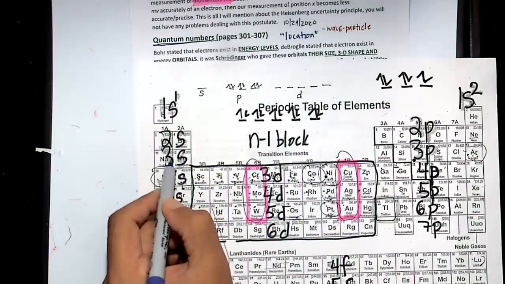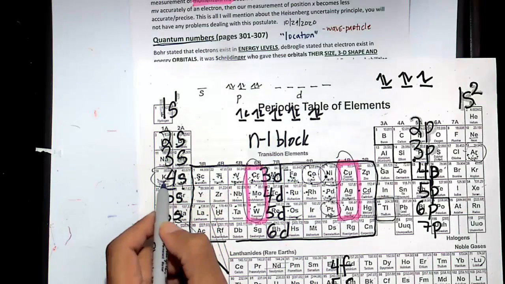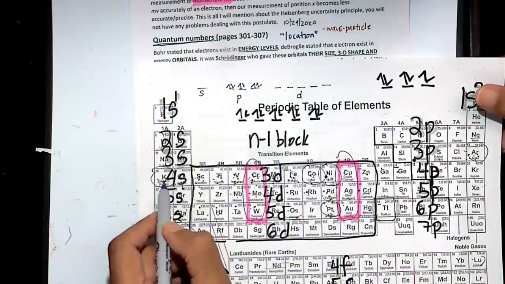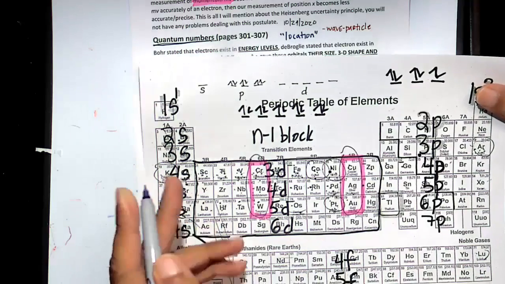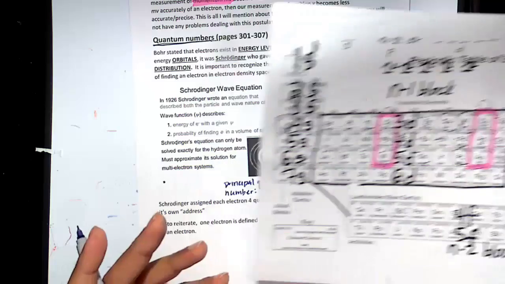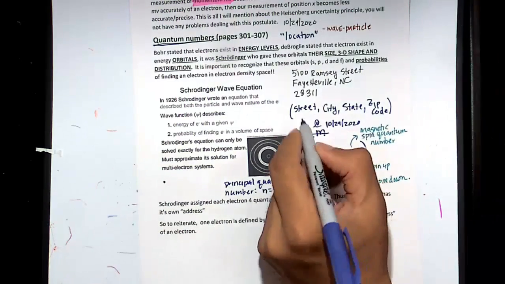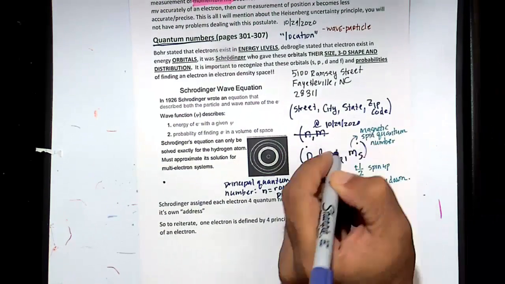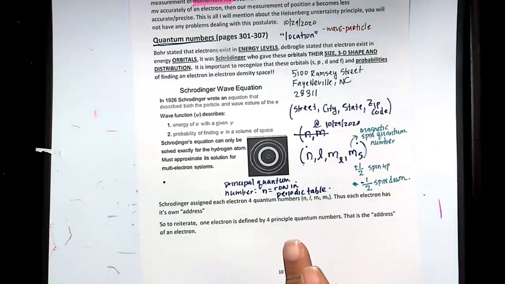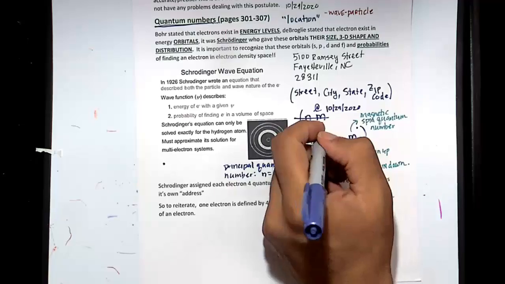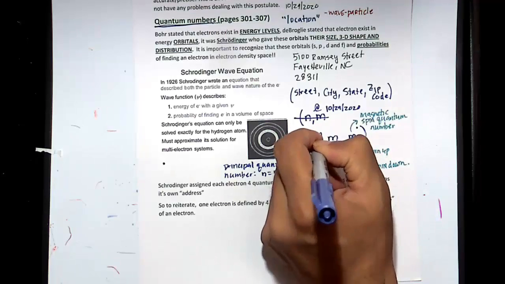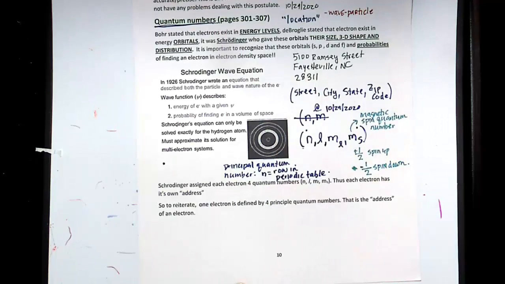Row 3, n equals 3. Row 4, n equals 4. So it's just the row in the periodic table which the electron resides in. So the first quantum number is n. The fourth quantum number is either spin up plus 1/2 or spin down minus 1/2. So L and m sub L are a little bit more complicated. Let's spend some time doing that.